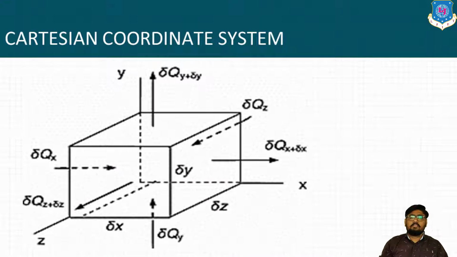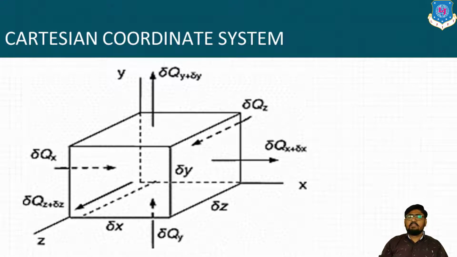So here is an example of the Cartesian coordinate system in which some quantity q is there. It is formed by a 3-dimensional system: the x-axis, as you can see over here, the y-axis over here, and the z-axis over here. Let us consider that some quantity q is flowing over here. Let us call it heat. Some water flow can also be described like this.